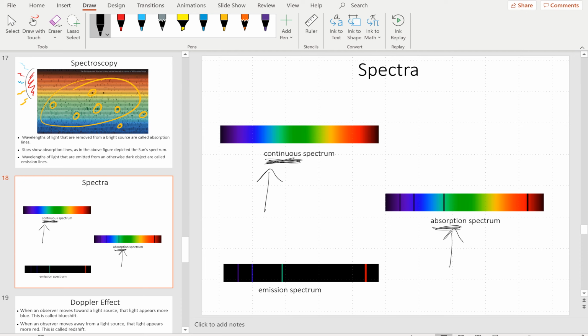Certain wavelengths get cut out. This gives us absorption lines. These are specific wavelengths of light that are absorbed by the specific atoms that are in the atmosphere of the sun. And this is referred to as an absorption spectrum. It looks like a continuous spectrum with certain wavelengths cut out. So this is what we see from stars.